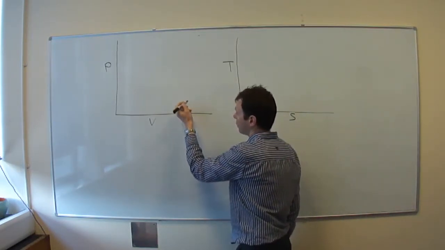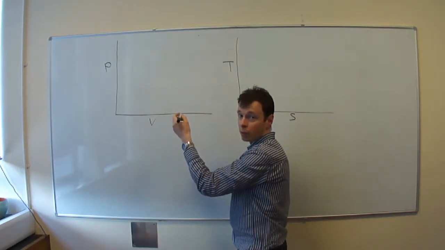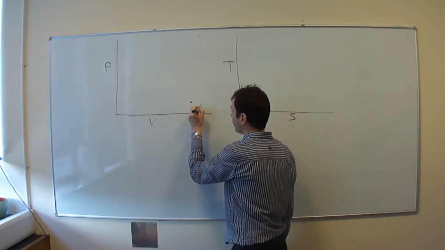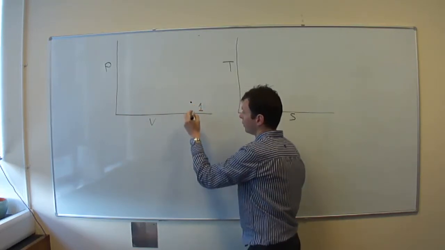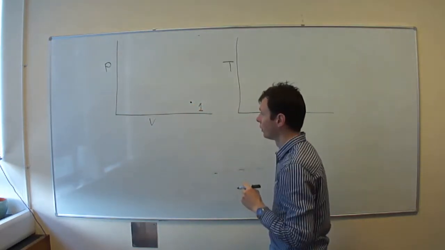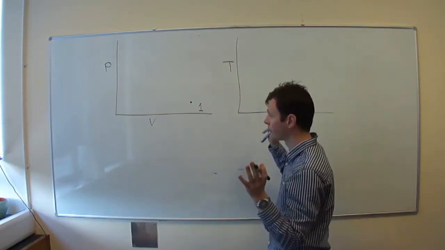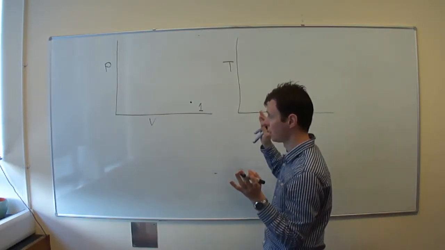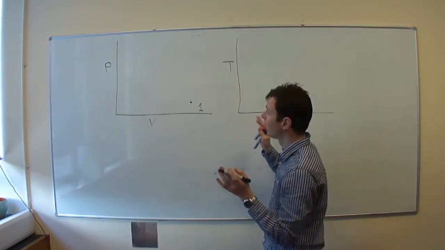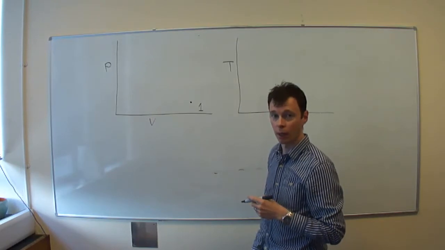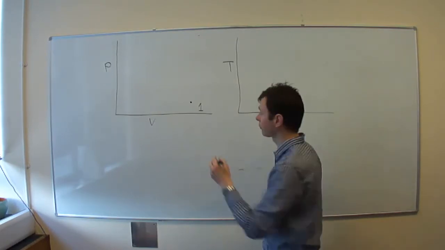So we'll start, as we always do with engines, with the compression part, point 1. We're going to compress the gas, and with the Otto cycle we have 2 adiabatic processes, which are the work processes, and 2 isochoric processes, which are the heat addition and rejection.